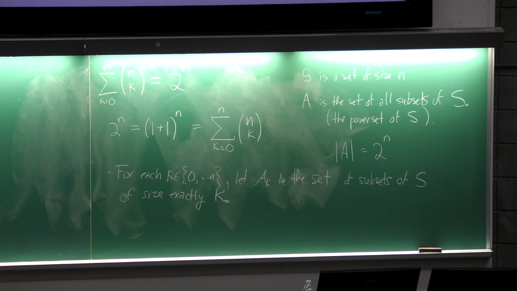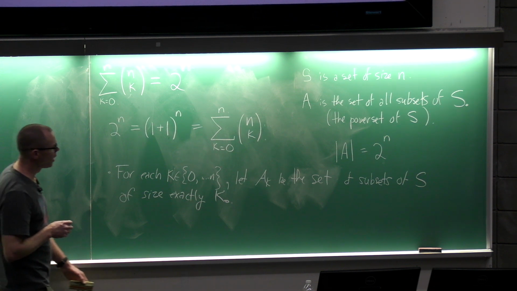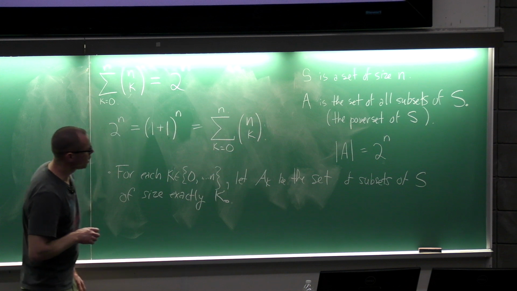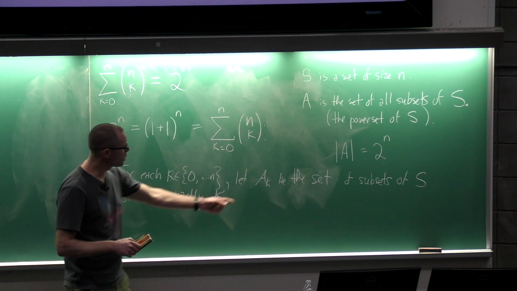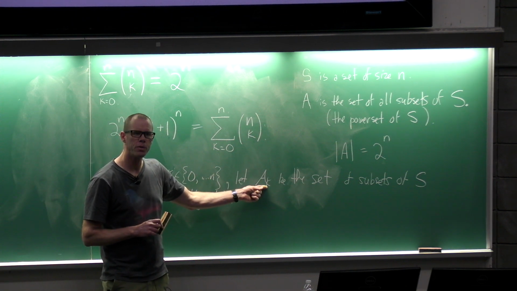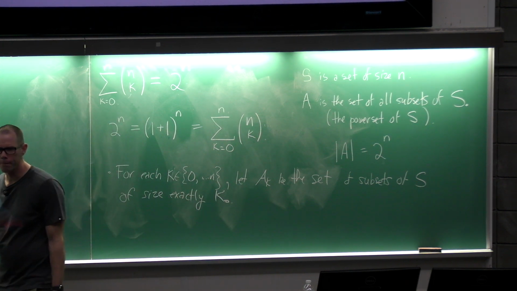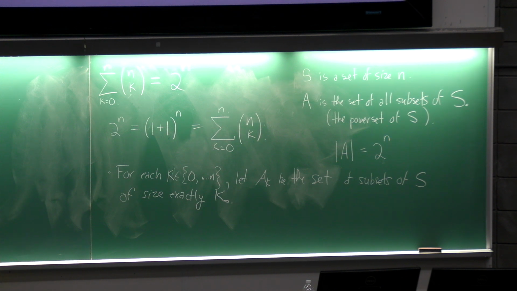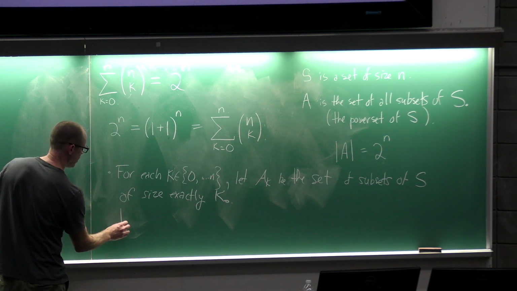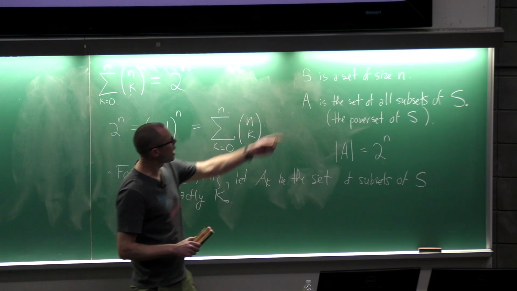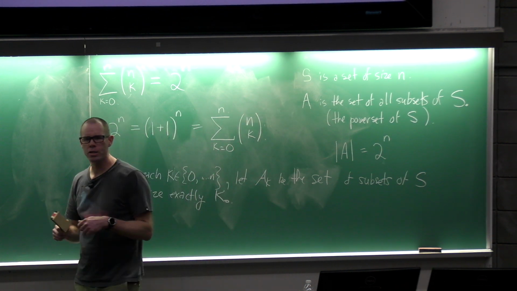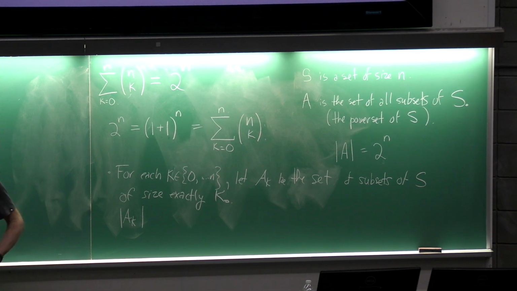Okay, so now I'll fix some value k, maybe k equals 3, and say, well, what if I'm only interested in the subsets of S that have size 3. So how many subsets of S, an n-element set, how many subsets of size k does it have?